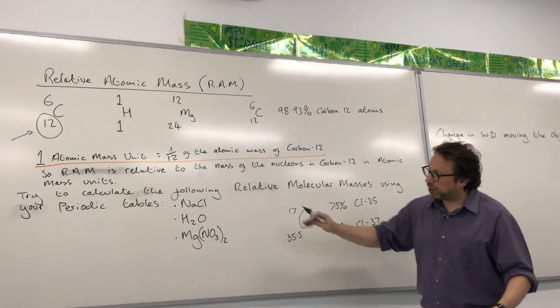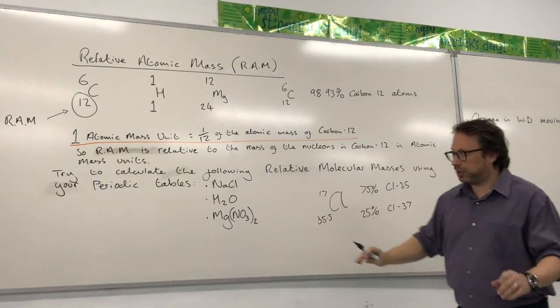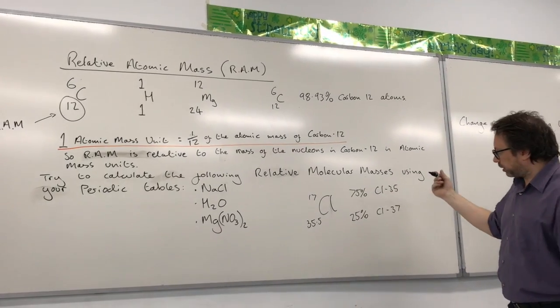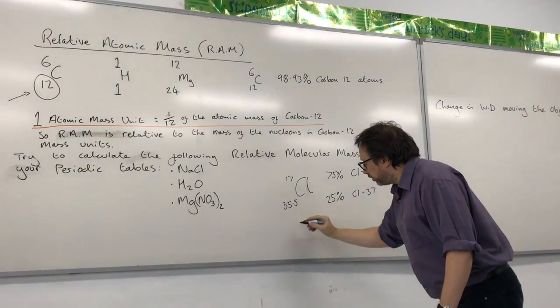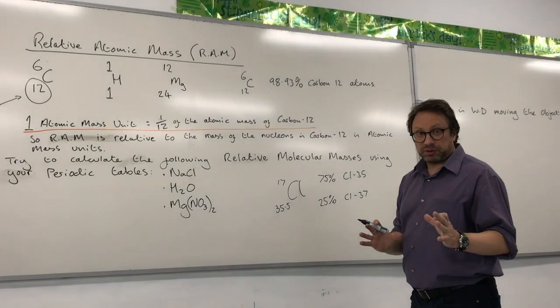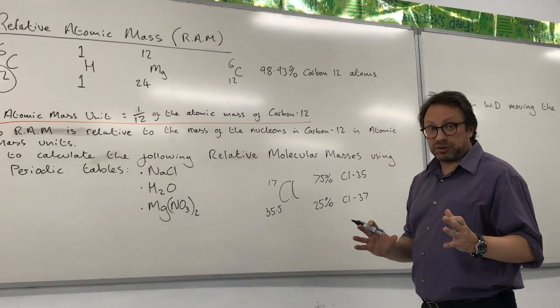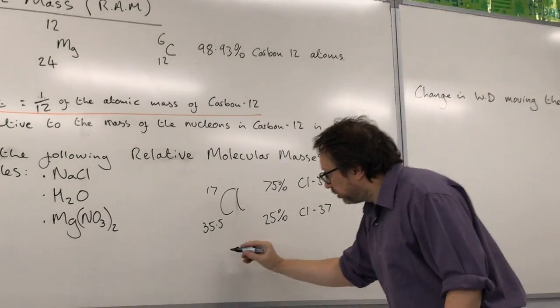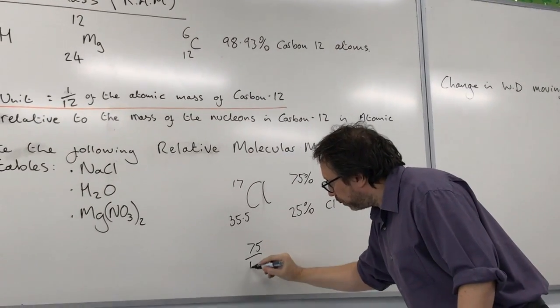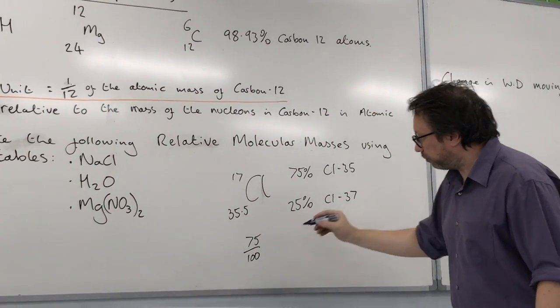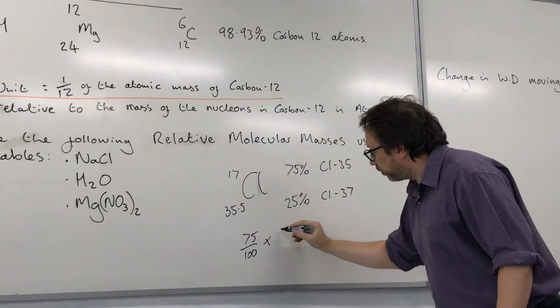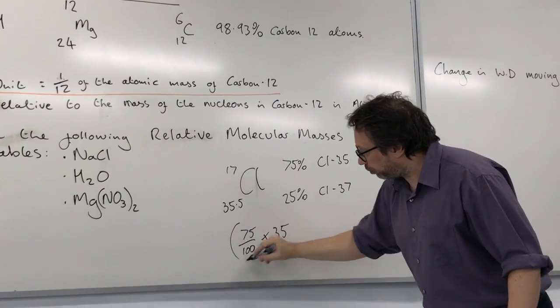So, and this is a clue to where we're just about to go, okay? If we were doing this calculation, it's straightforward, it's just like you'd use ratios. So bear with me. You've got 75 over 100, or 0.75, times 35, that's coming from up there.